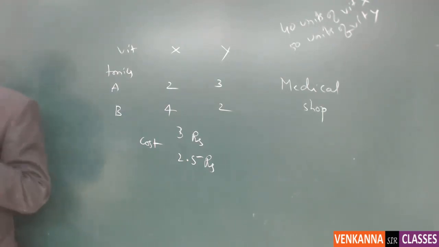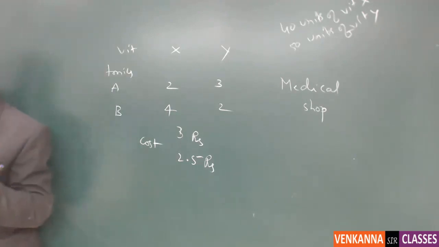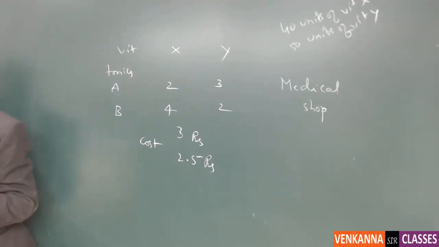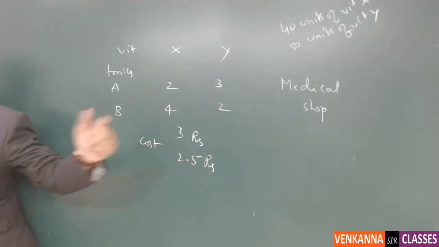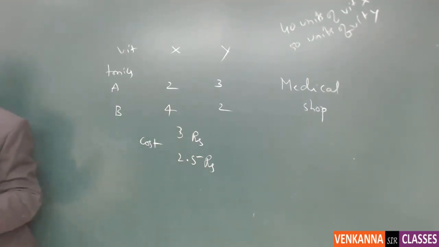Fine. Now, here we have two situations. One perspective is I am the patient, my point of view. Since I am a patient, my purpose is to survive, that is, I should purchase the tonics, get the best of vitamins, and the cost should be minimum. Accepted? Because I am the purchaser, isn't it? If you take the medical shop owner's perspective, since he is selling the goods to get maximum profit, he wants to improve his sales.